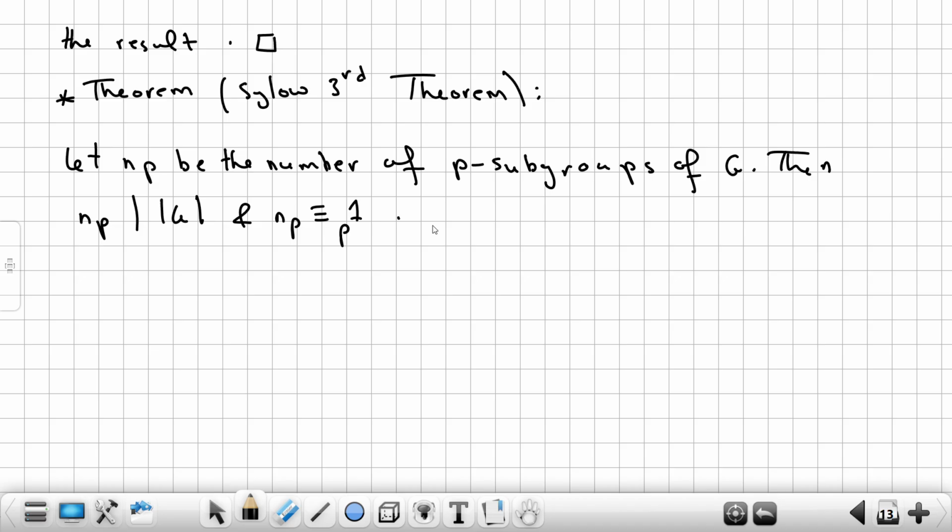So you can say that n_p divides m. Again, order of G is equal to p^n m. n_p divides the order of G. n_p is congruent to 1 modulo p. Then n_p divides m. Okay, so we are going to say that if n_p is the number of p-subgroups of G, then n_p divides m. Okay, this is an alternative.